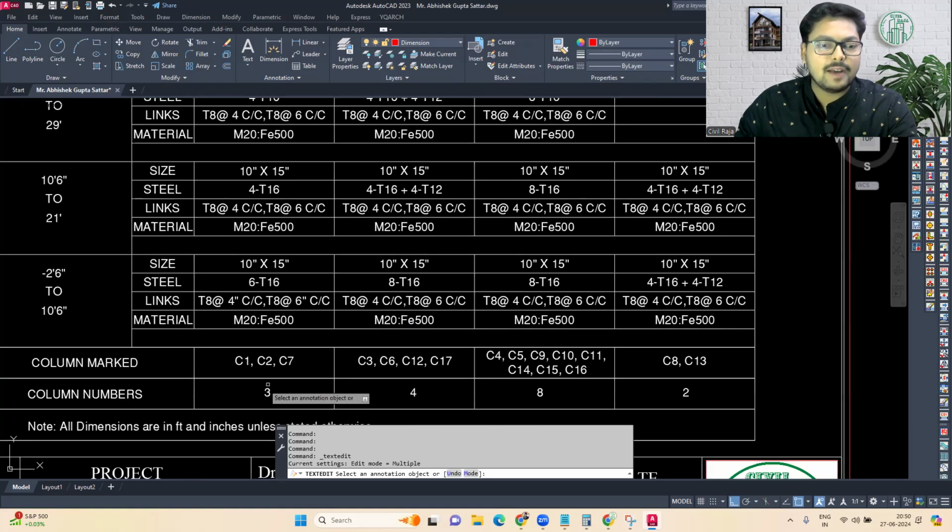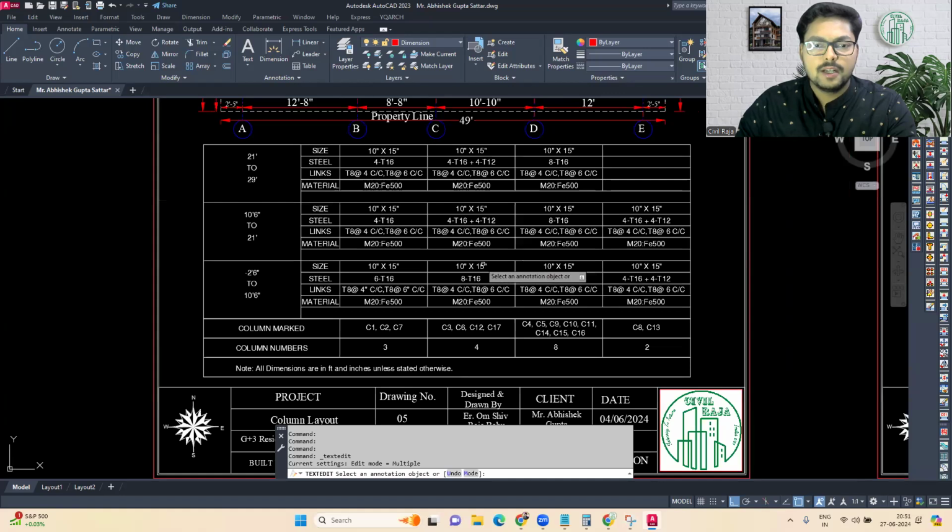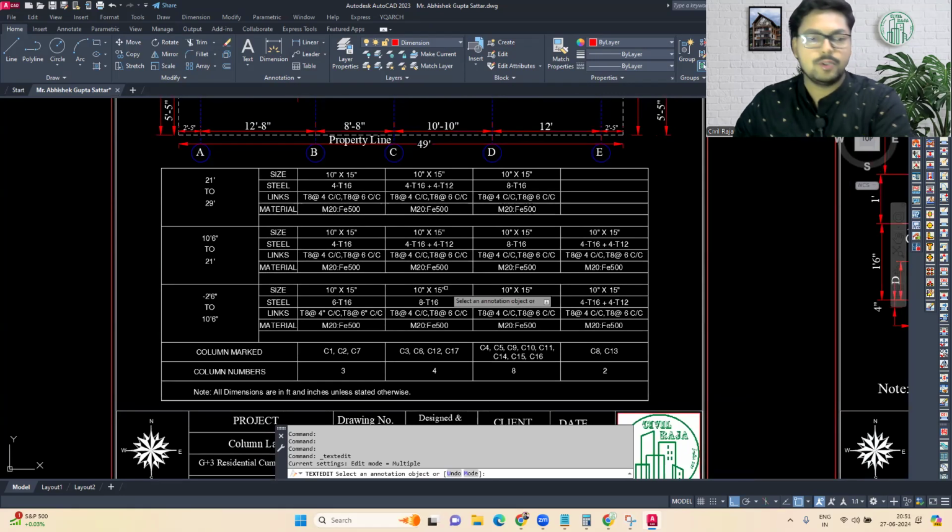We have 3 columns with this property, 4 columns with 8 bars of 16 dia in a particular column, then 8 columns of the same reinforcement at this level, and then 2 columns with 4 bars of 16 dia and 4 bars of 12 dia. So there is a combination of all this. This is what we have to use on the columns.